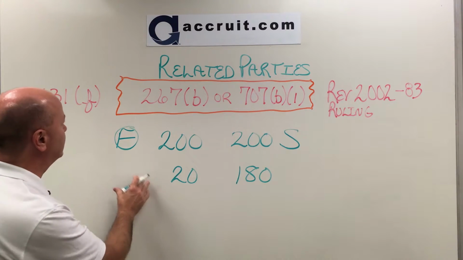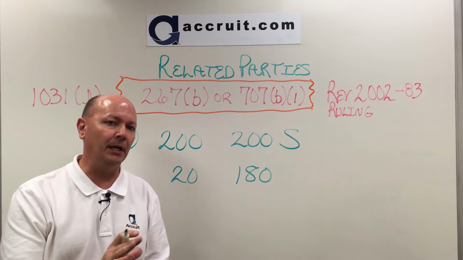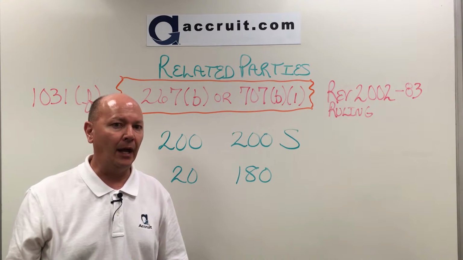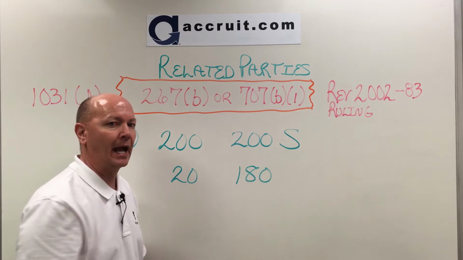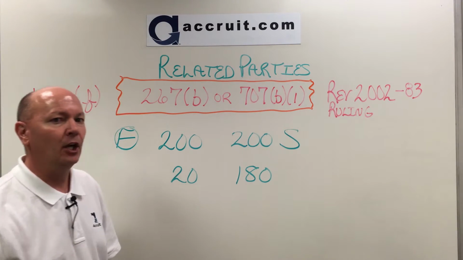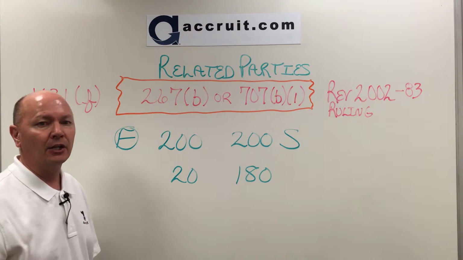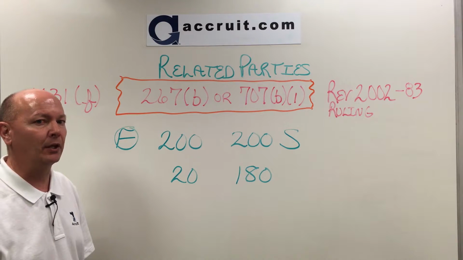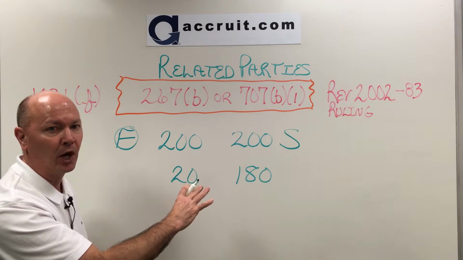So what the IRS did in putting this section into the code, they tried to limit or not allow somebody to do this swap of properties and then actually resell it quickly. One of the provisions of this section of the code is that there is a 2-year holding period on any related party exchange involving a swap of properties.